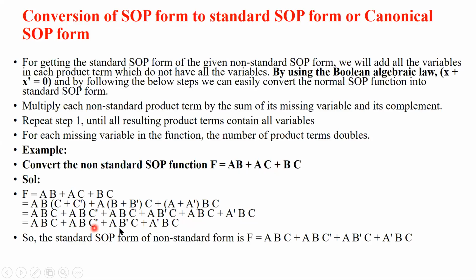So this is my standard sum of products form. So this is how I convert a non-standard sum of products to a standard sum of products. Remember, by introducing the general identity X plus X dash is equal to 1.